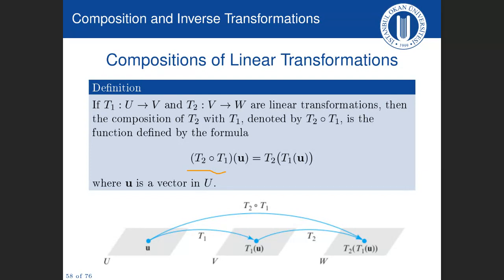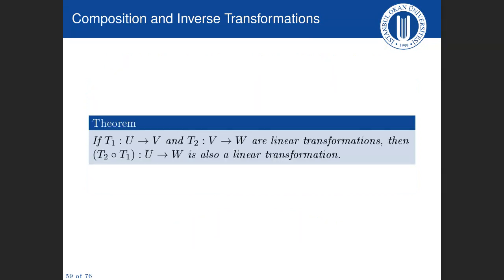So again, it's the same idea that we know from calculus, but now for transformations between vector spaces. If T1 and T2 are linear transformations, then T2 composed with T1 is also a linear transformation. I'm not going to prove this, I'll leave this for you.